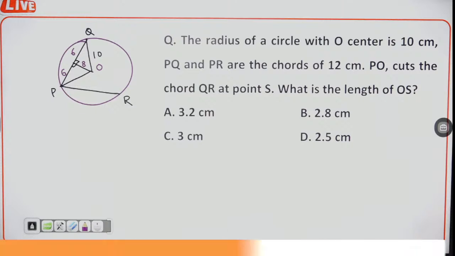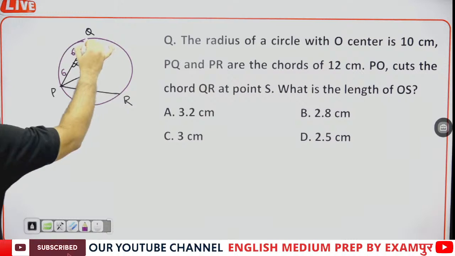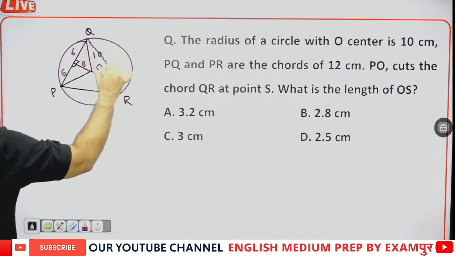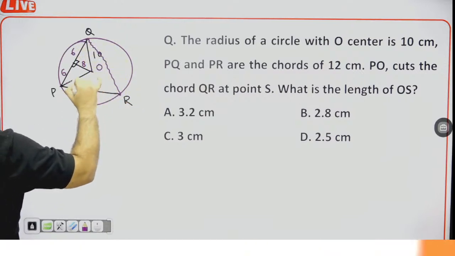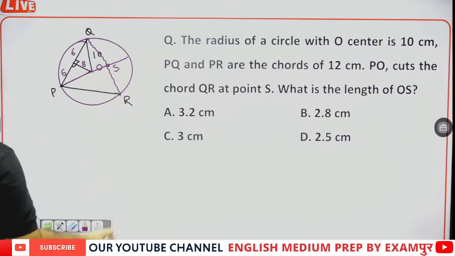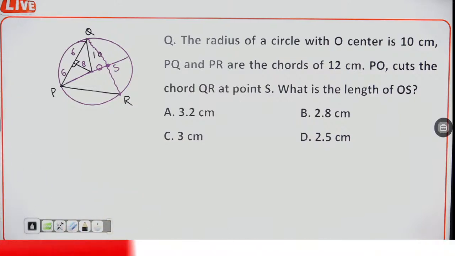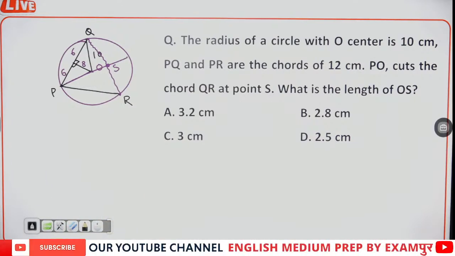PO cuts the QR at S. What is the length of OS?